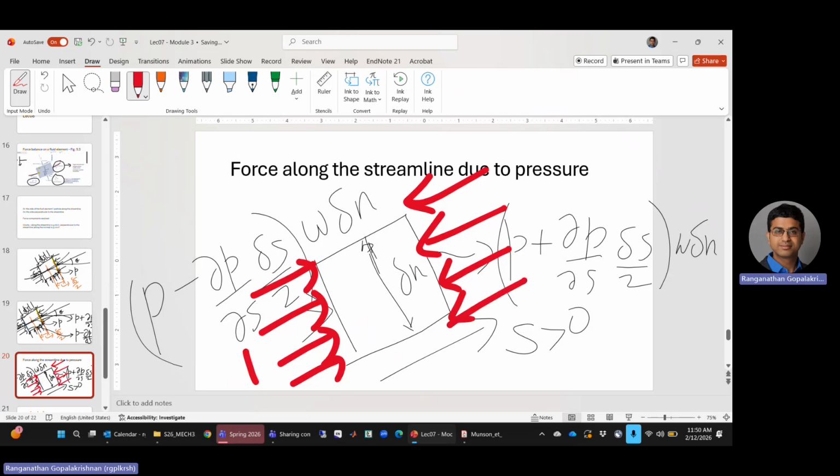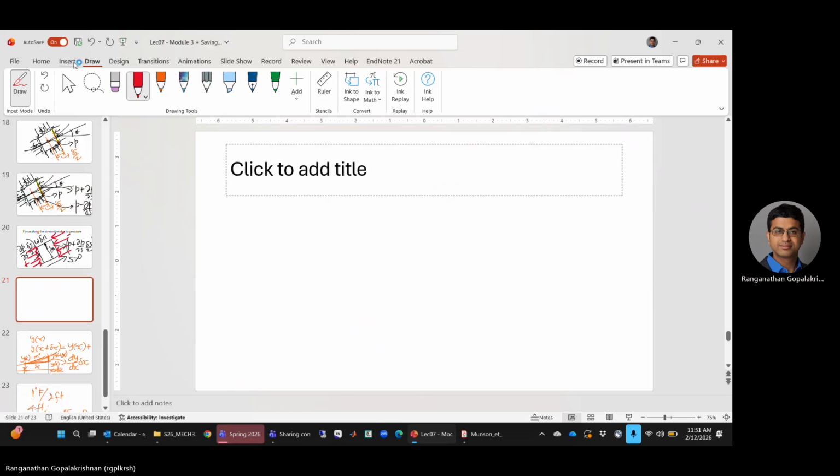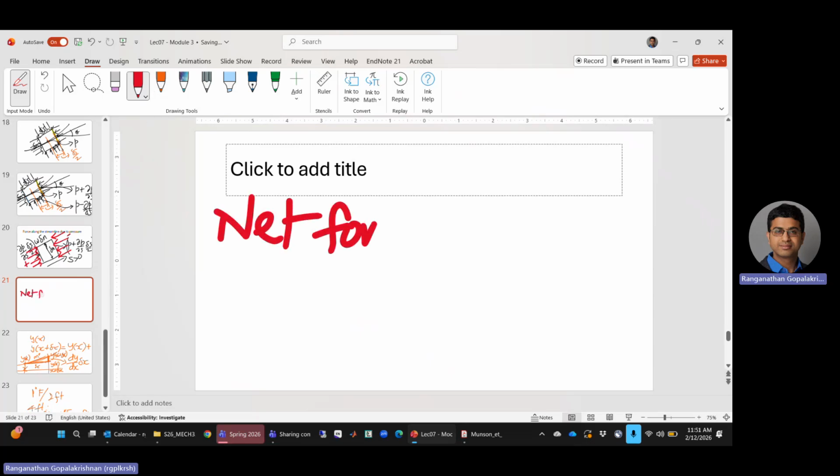Okay. So this would be positive and this would be negative, because this is along here and that's opposing. So you have to consider one positive, the other negative. Okay. So then the net force would be what?